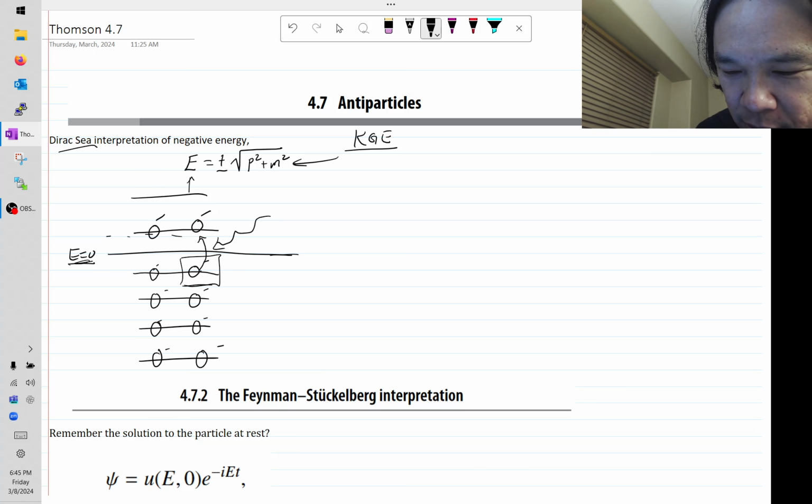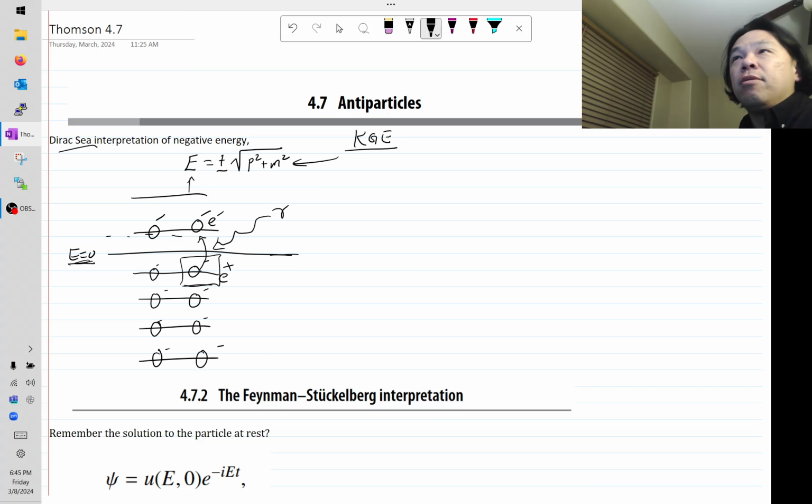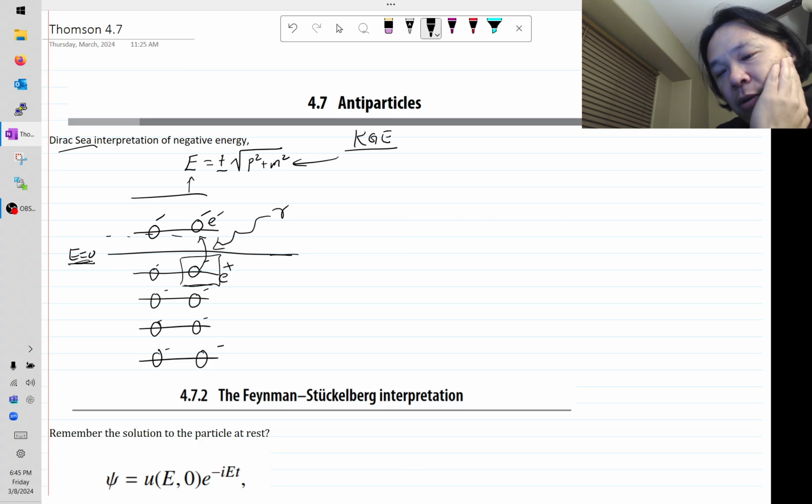So when this photon comes in and excites, it creates an electron, and it also creates a positive version of an electron, or a positron. This allows you to see how electron-positron pair creation happens.